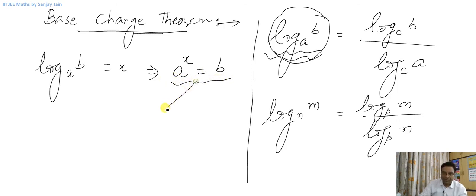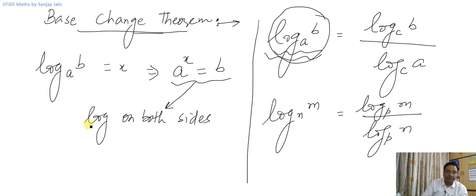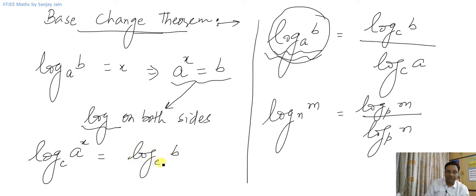Now, if I take log on both sides, and how will I take this log? I'll take this log with the new base that I want. So log a raised to power x to the new base c is going to be equal to log b to the base c, right?